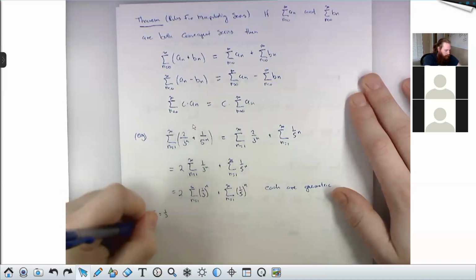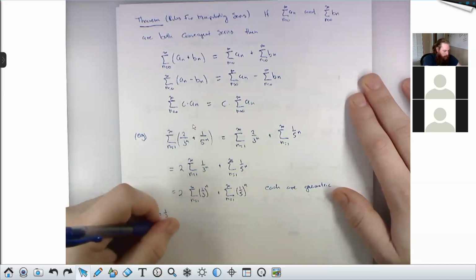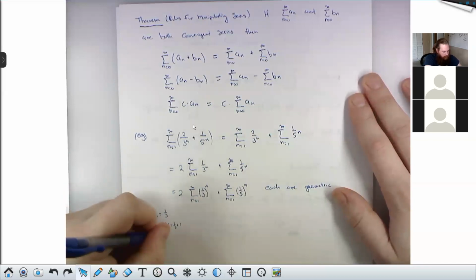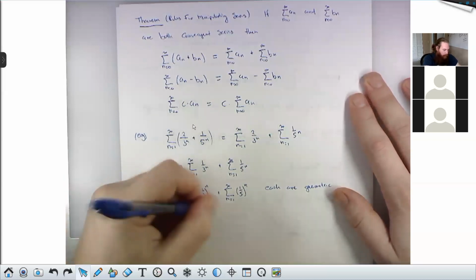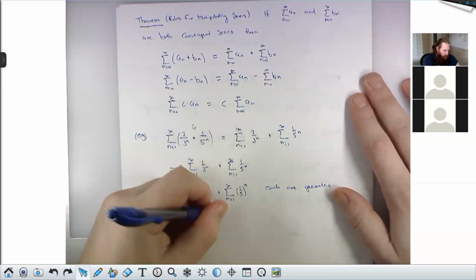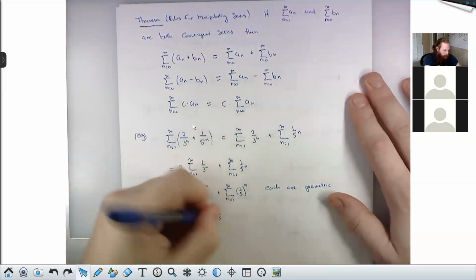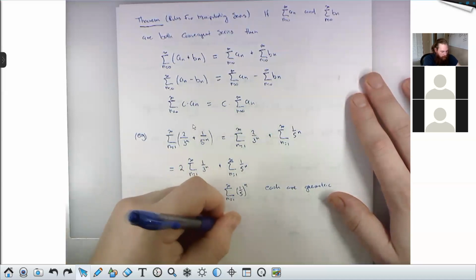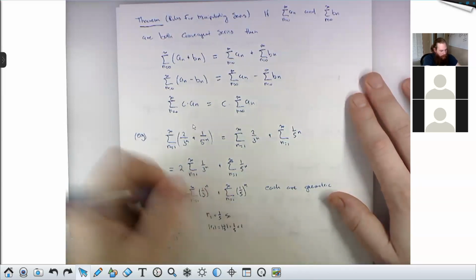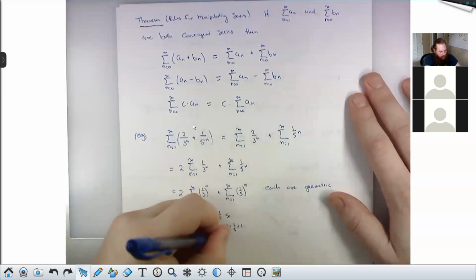So the absolute value of R1 is the absolute value of 1/3, which is 1/3, which is less than 1. So the first series converges. R2 is 1/5. So the absolute value of R2 is 1/5, which is less than 1. So the second series converges also.